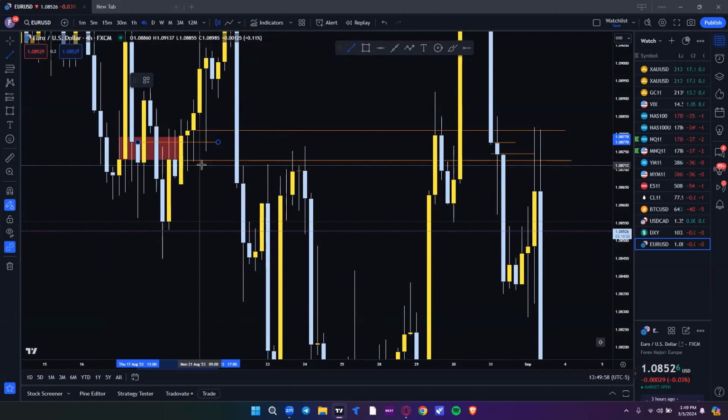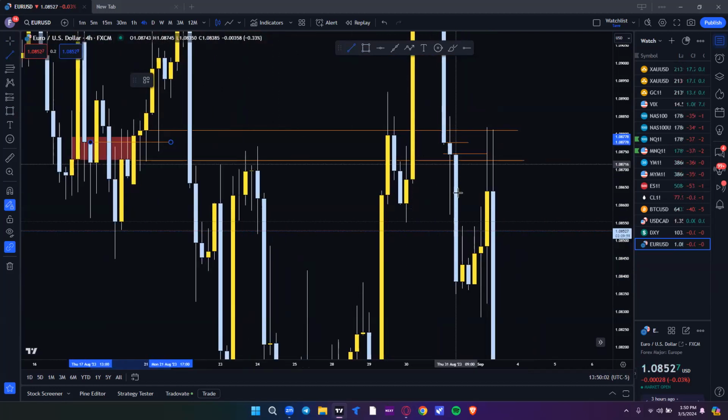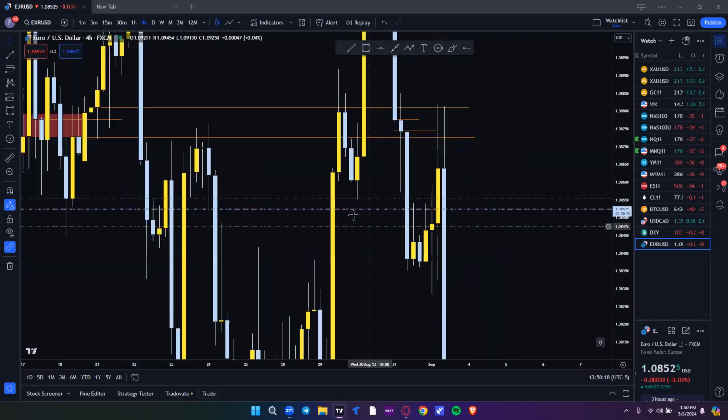And then you see this rejection come from this level. Rejection. Each time price had to make a decision to either close above it. If it was a close above it, it was a retest back down to go up. And then the decision to close below it was it becomes resistance to drop.